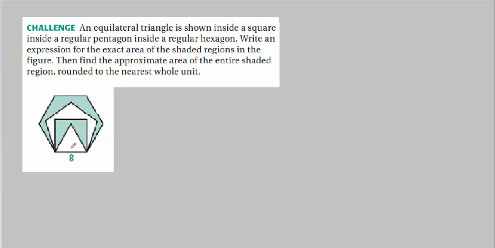So let's see if I can write out what we're going to do right here. The area that we're looking for of the shaded region, it's going to be the area of the hexagon minus the area of the pentagon plus the area of the square, and then minus the area for the triangle.